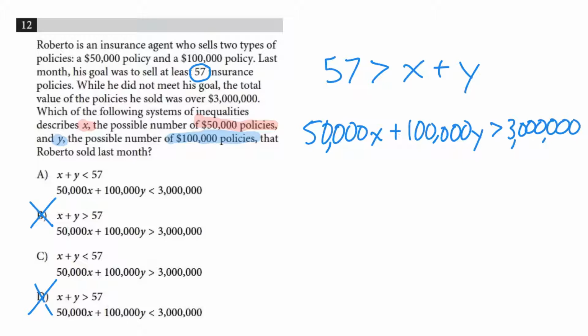Okay, and it looks like C is our solution because in A it's less than. Okay, C.